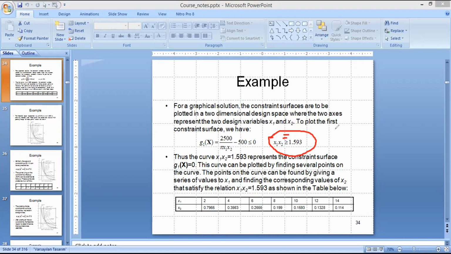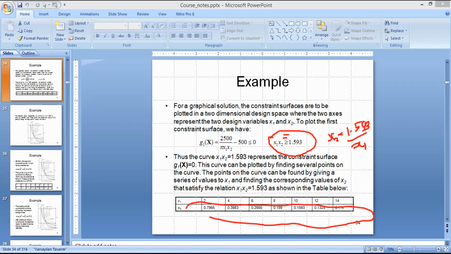So this way we can find out x2. x2 will be equal to nothing but 1.593 by x1. Clear? By taking the various values of x1, 2, 4, 6, 8, 10 and 14, we have found out the various values of x2, and that is what we are getting in MATLAB also.